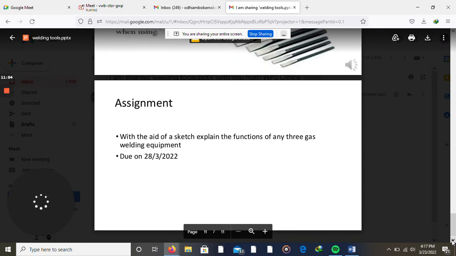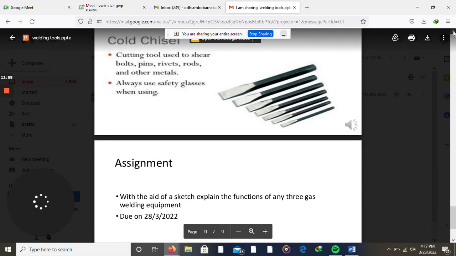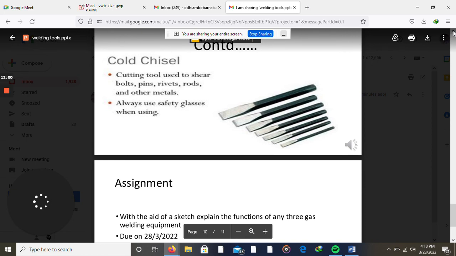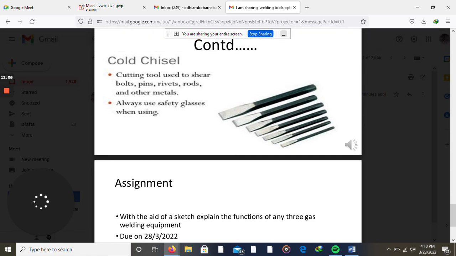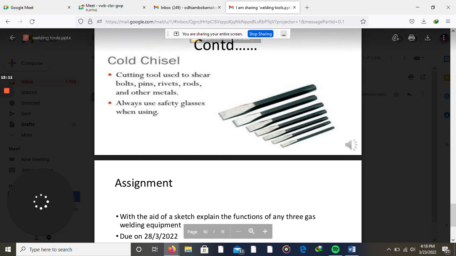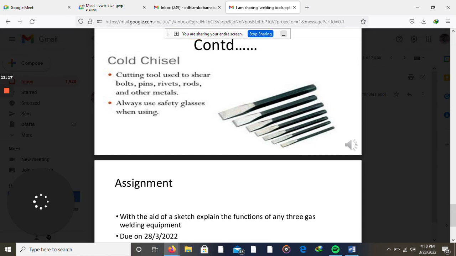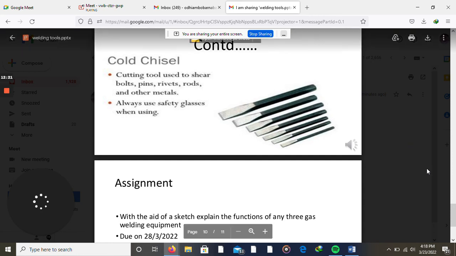So before we conclude, let me ask you a few questions, if you are able to answer. What was the function of the chipping hammer? Can you, Dennis? Are you able to answer? What was the function of the chipping hammer? Dennis?